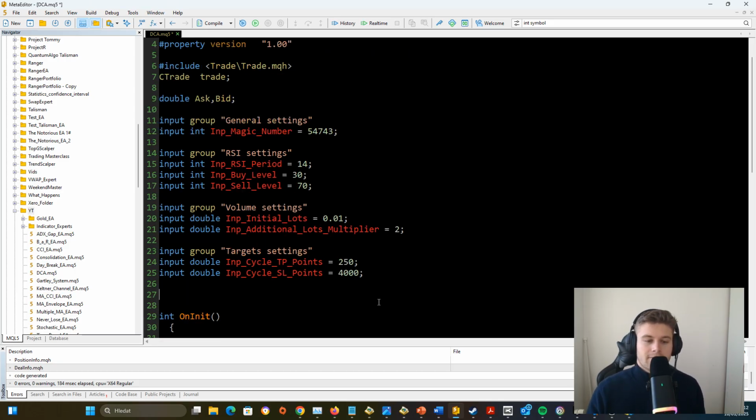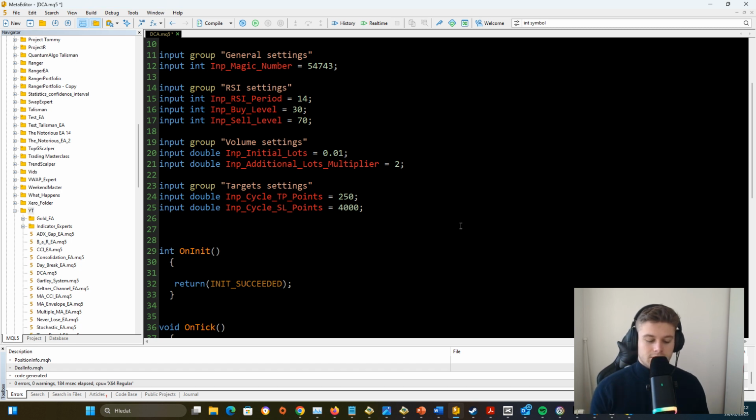Okay. And now the last group is about the DCA settings. So the obvious question is, how do we determine when to open an additional position? I usually decide between two options.